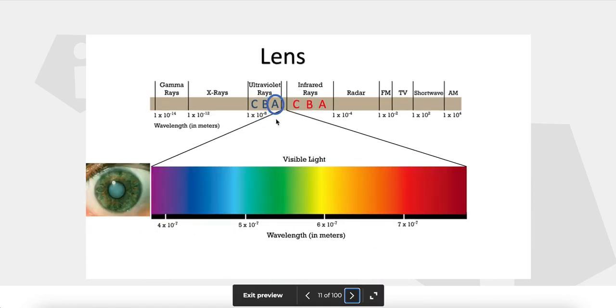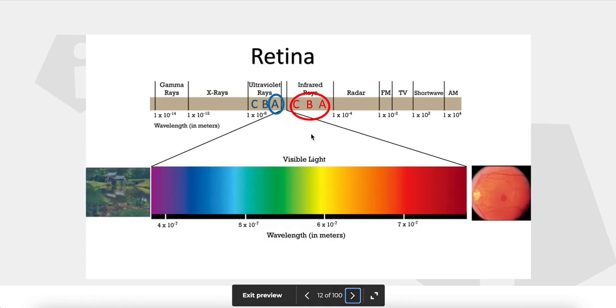The lens can absorb the ultraviolet A rays, which can sometimes be one of the responsible mechanisms for cataract formation. Finally, ultraviolet A can reach the retina in some amounts, and the whole range of infrared rays can pass through the different ocular media to reach the retina, which can cause solar maculopathy or solar retinopathy.